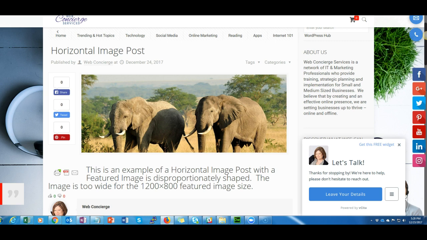But if your image is taller than the 800, that's going to get cropped off like this picture did. So you have to kind of really be aware. The best choice is to try your hardest to actually get to a 1200 by 800 featured image as they recommend.